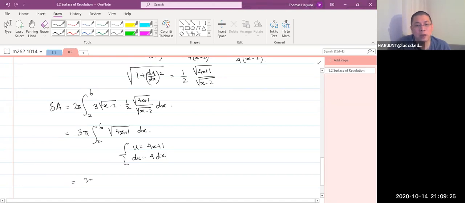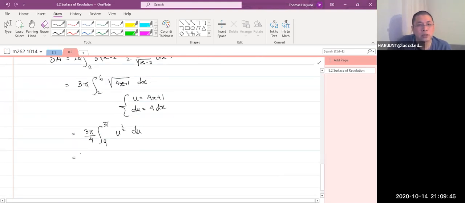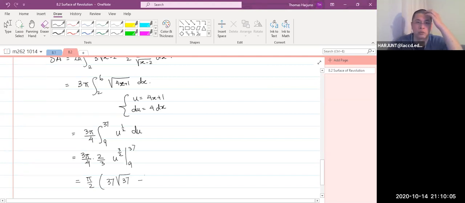So this is 3 pi over 4 integral from 9 to 37 of u to the power of 1/2 du. Okay, so this is 3 pi over 4 times 2 over 3 u to the power of 3/2 from 9 to 37. So this is pi over 2 times (37 square root of 37 minus 27).